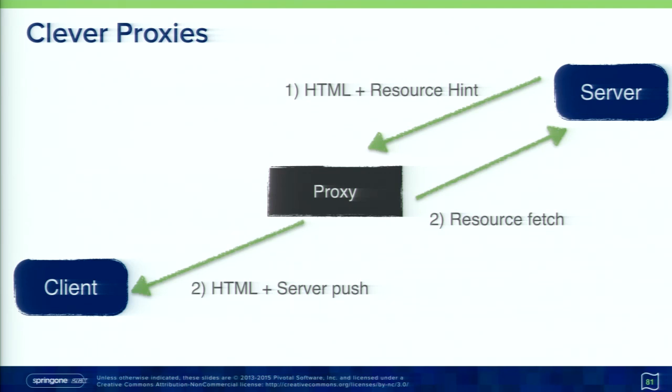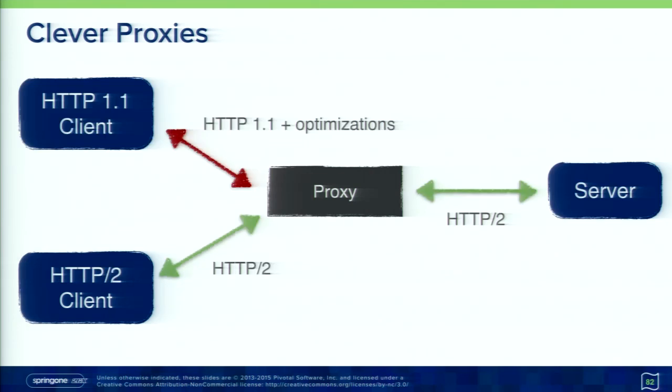So with CDNs and proxies, there are a lot of interesting things going on. It's not really defined how they'll play with this, but there are ways to use HTTP2 in clever ways.